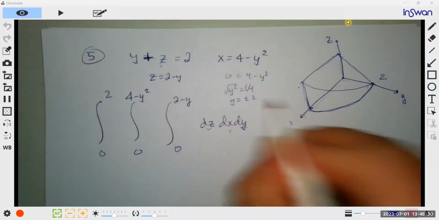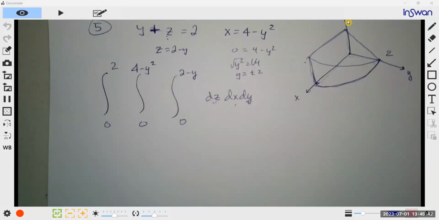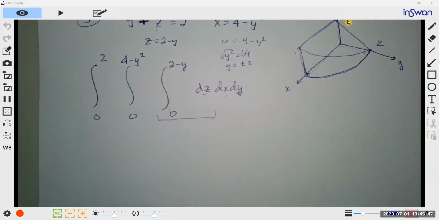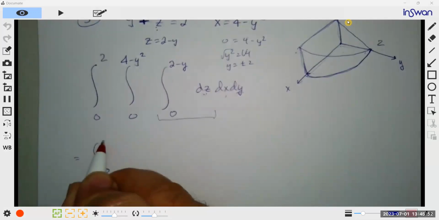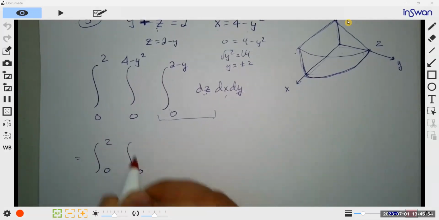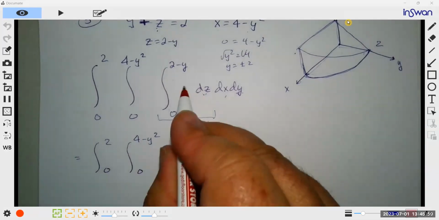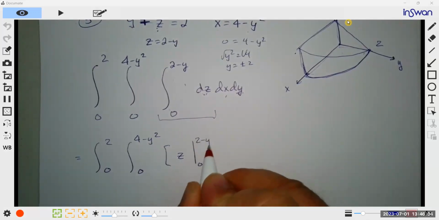You can't have a negative, so it has to be a positive 2, since we're in the positive first octant. All right, so let's go from there. The first thing, the bound of integration with respect to z: the integral of 1 is z from 0 to 2 minus y.